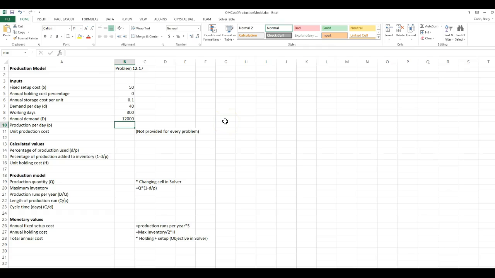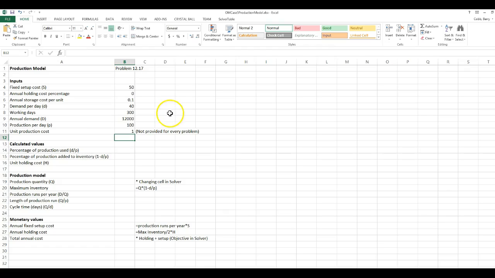It states that they have the ability to produce this inventory at a rate of 100 units per day, and their unit production cost is $1. These are the assumptions that are provided in the problem.